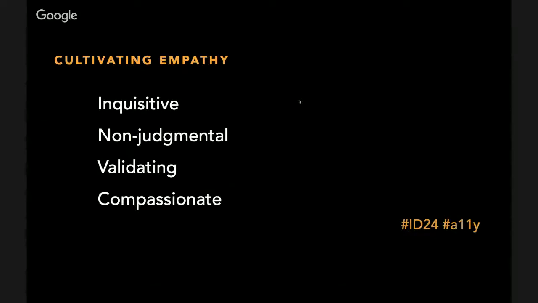Because there are real people out there that need this, and that plays into being compassionate as well. So those are the tools that I use to help teams cultivate empathy and really think about ways to approach inclusive design and making websites accessible.